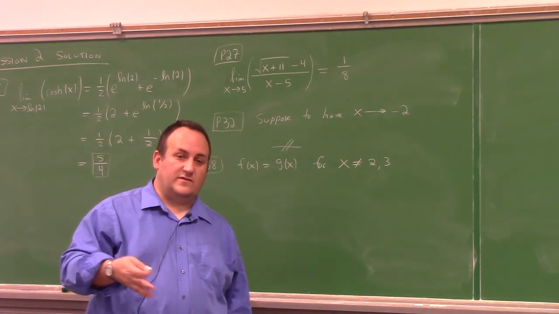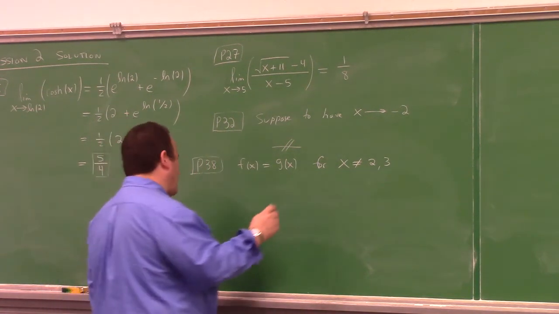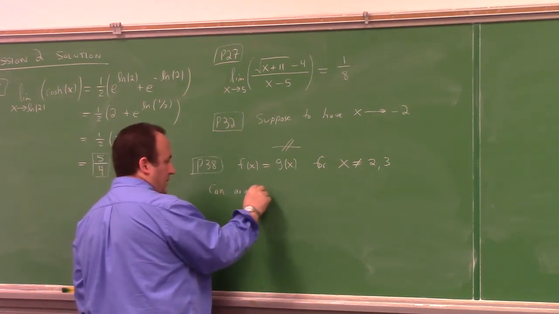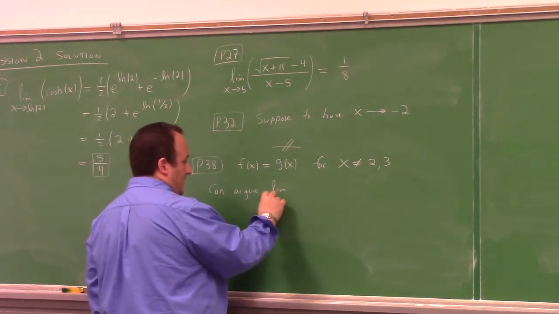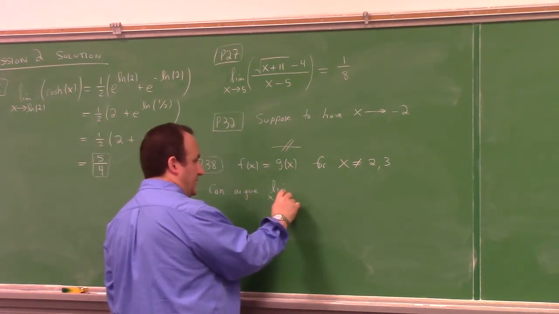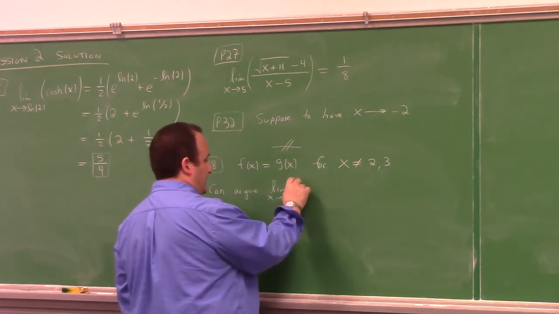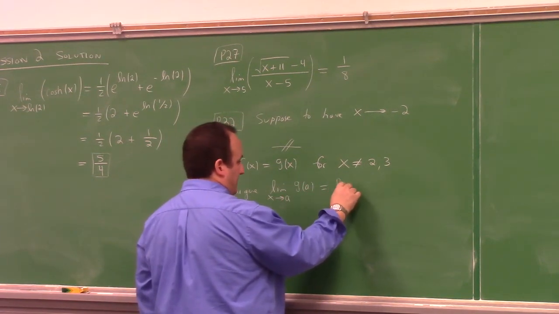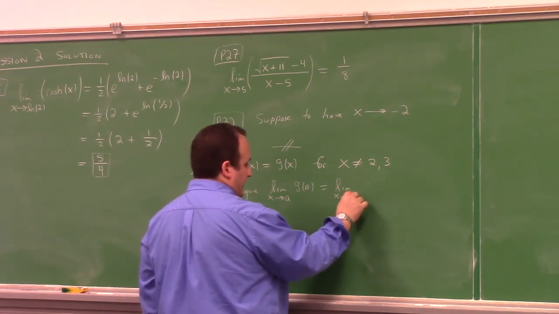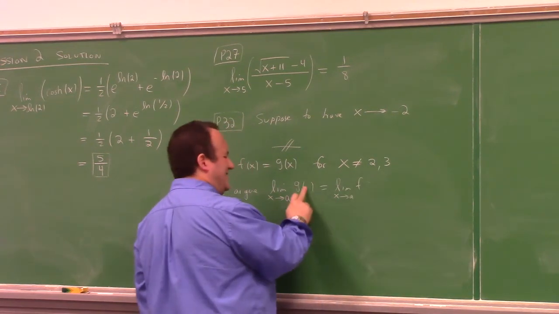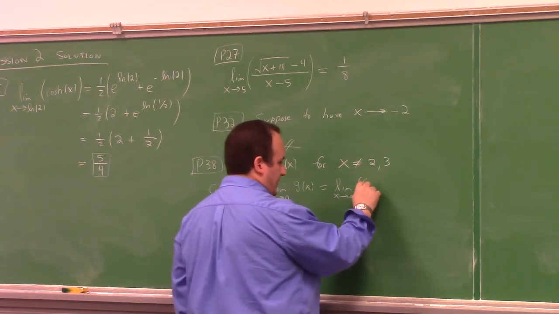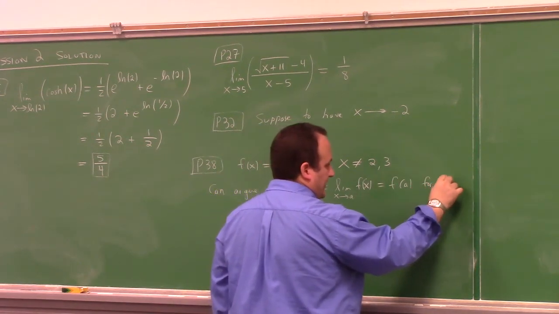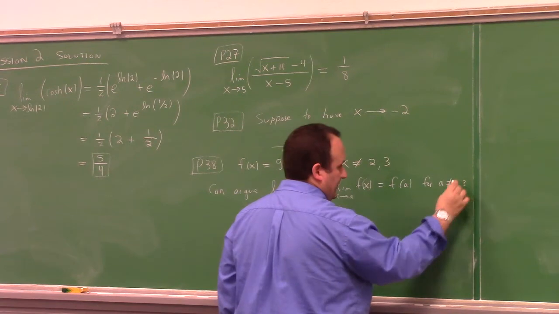So what I'm trying to say is, you can argue that the limit as x goes to a of g of x, which is just equal to the limit as x goes to a of f of x, is just equal to f of a for a not equal to 2 or 3, right?